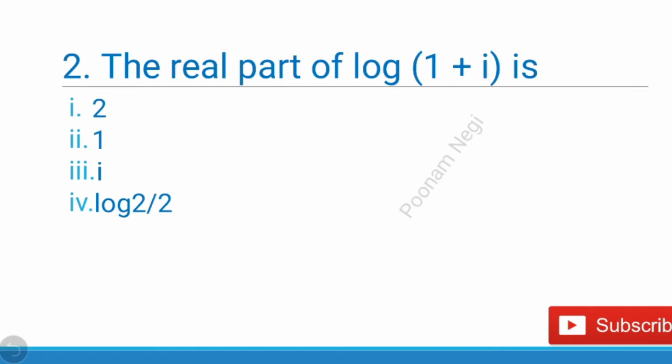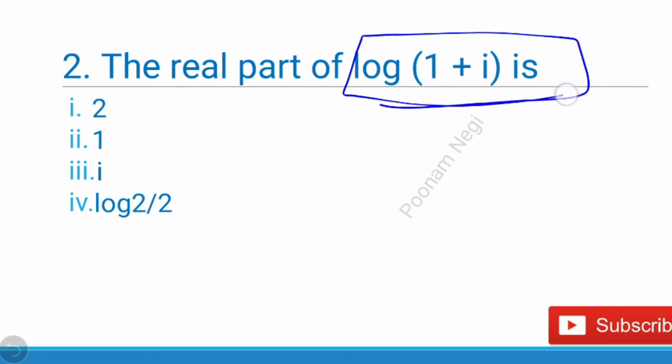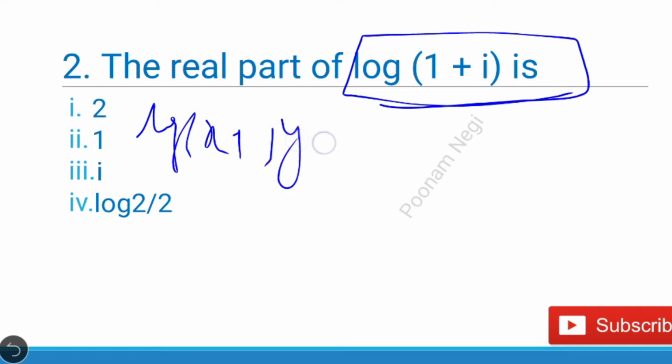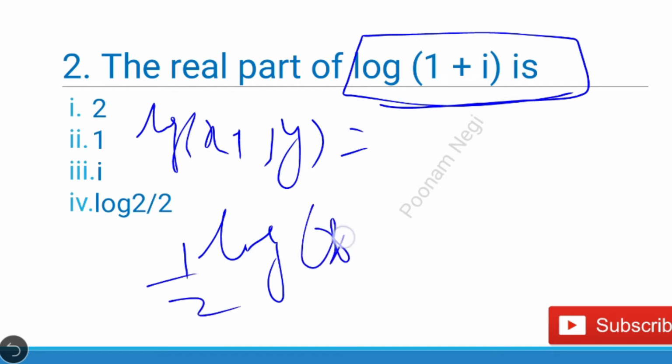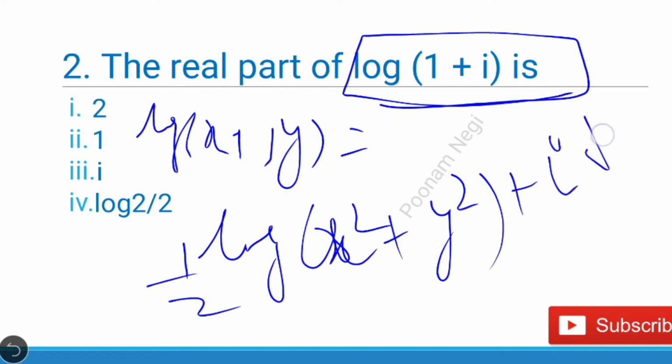Next question is the real part of log(1 + i). As we know, log(x + iy) can be written as 1/2 log(x² + y²) + i tan⁻¹(y/x).